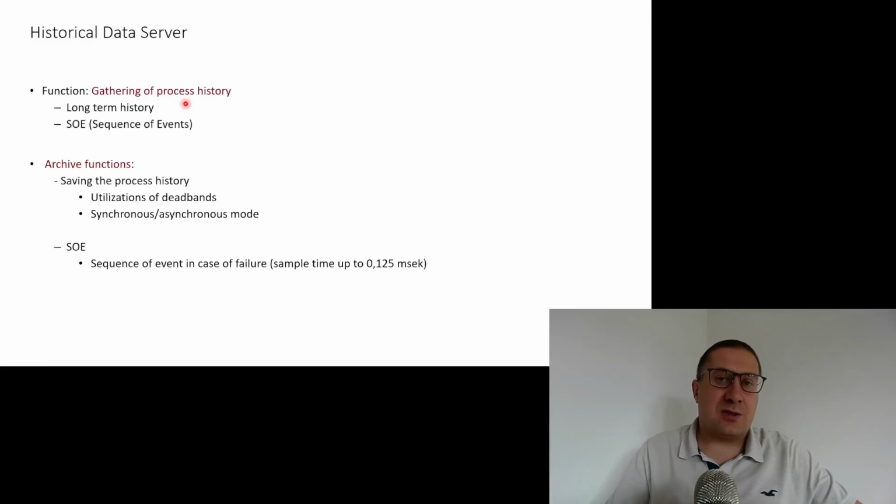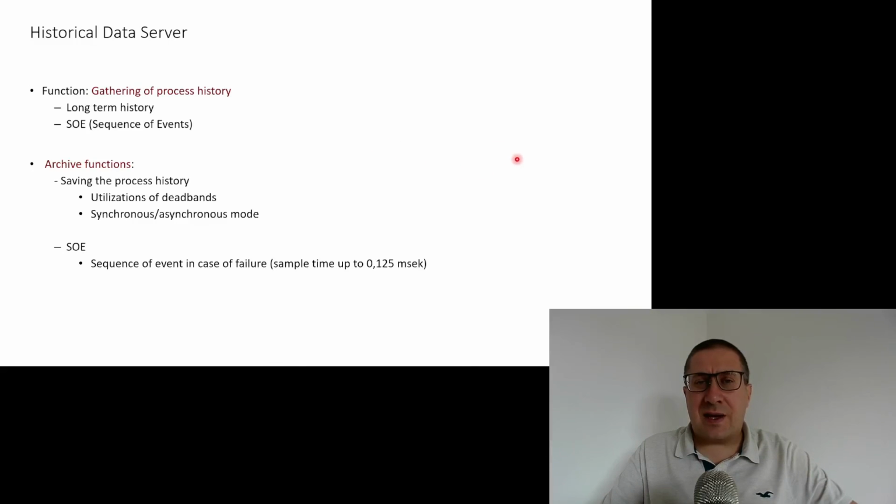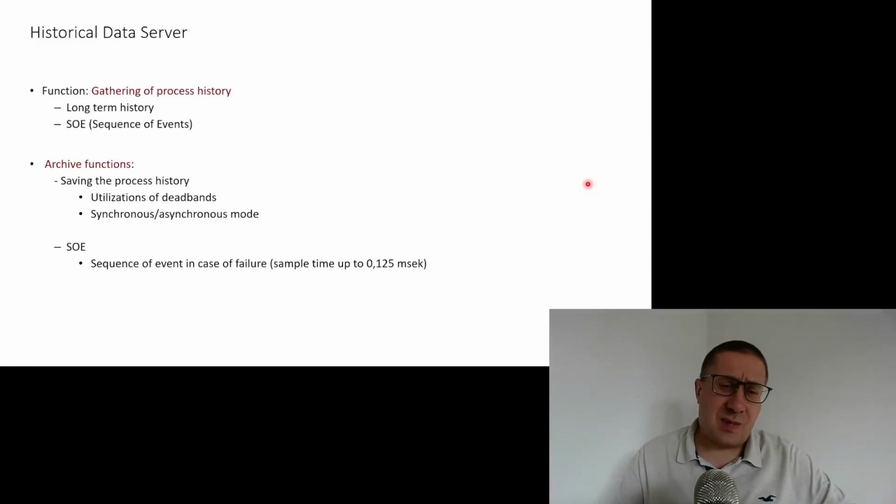So we are storing the information about the process value only if the difference between the current value and the last stored value is higher than the deadband. So if we are fluctuating around the last value, we are not storing this information. Only if there is some essential change higher than the deadband, we will store this information.